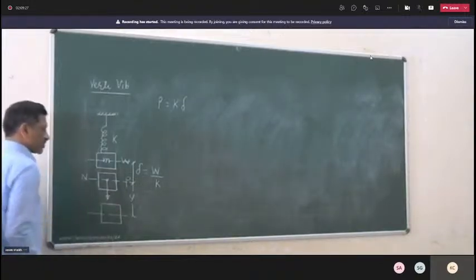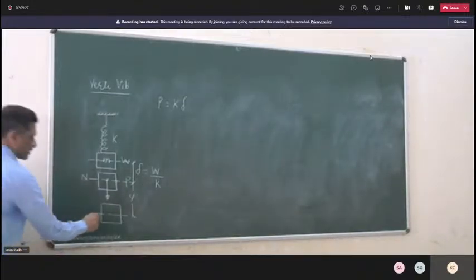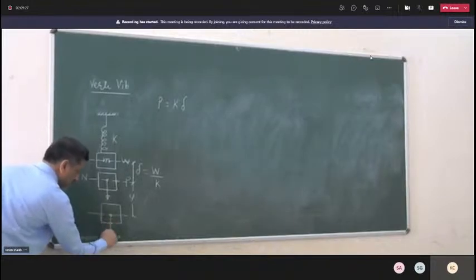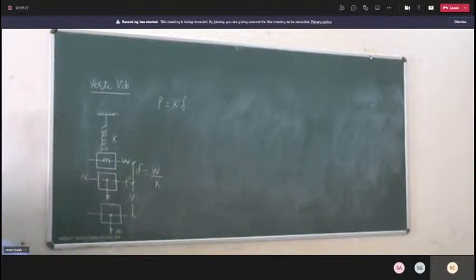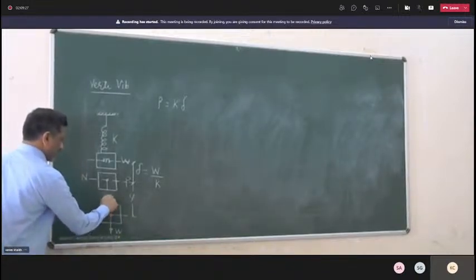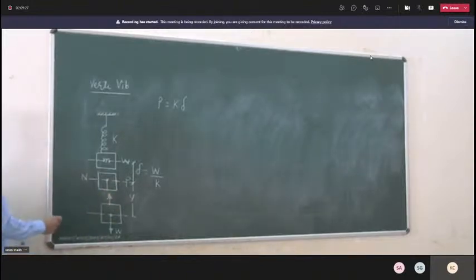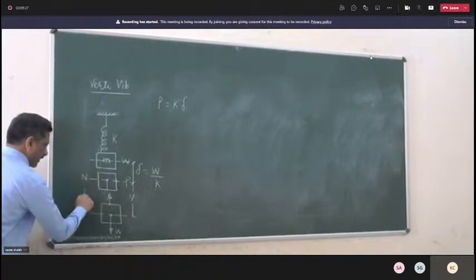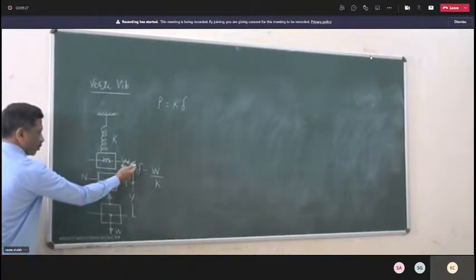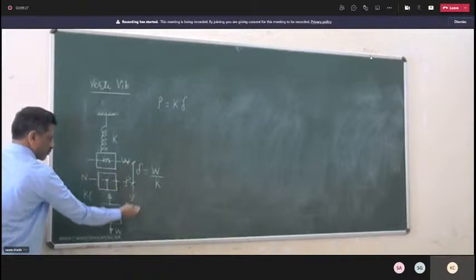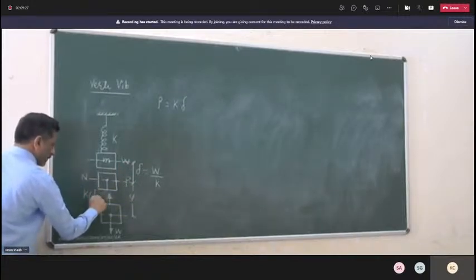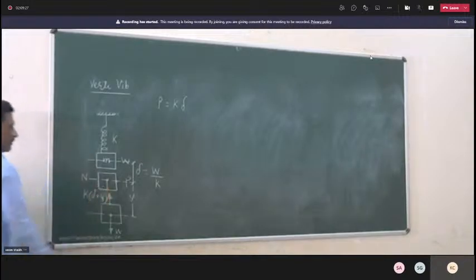Let us mark all the forces acting on this mass. First of all, the weight is acting downward, W. Then there will be the elastic force in the spring, and that will be K into the total displacement, delta plus y. Right? Force in the spring, total elongation.